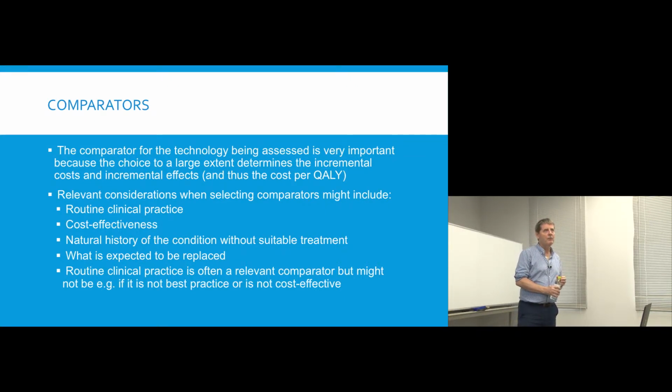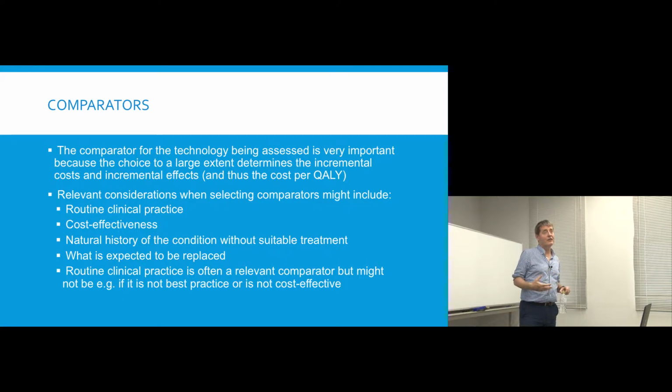I'll give you an example. If we're looking at treatments for early stage prostate cancer, depending which centre you go to for treatment, you could be more or less likely to receive perhaps a surgical intervention. Some centres will be more likely to give you drug therapy.